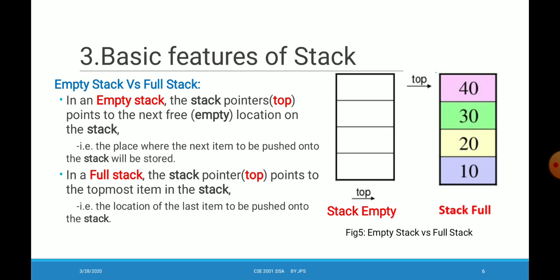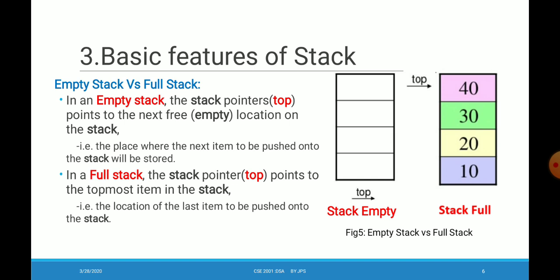That means the place where the next item is to be pushed onto the stack. In a full stack, the stack pointer or top points to the topmost item in the stack. That means the location of the last item to be pushed onto the stack.